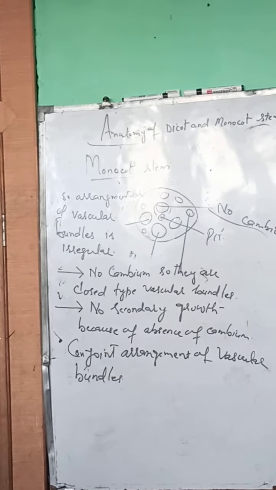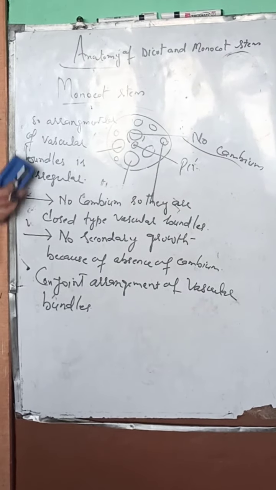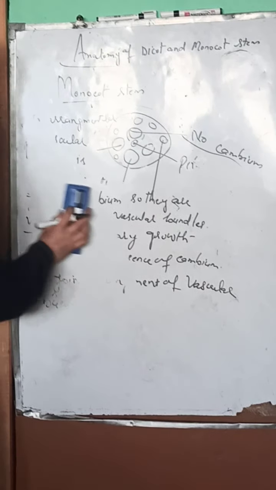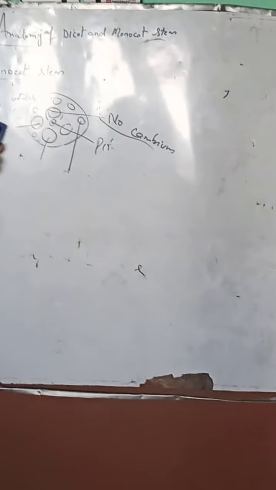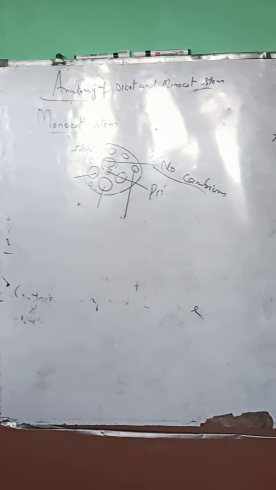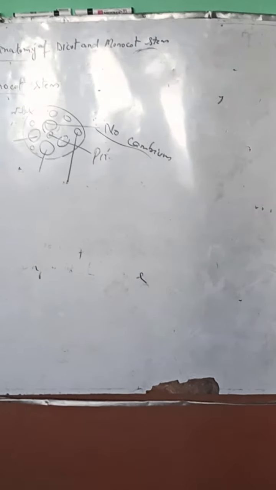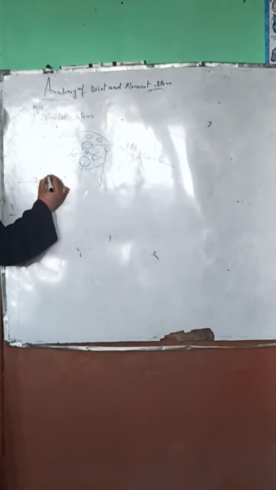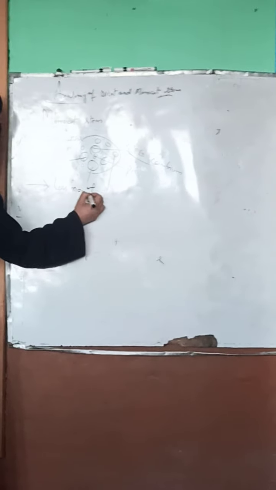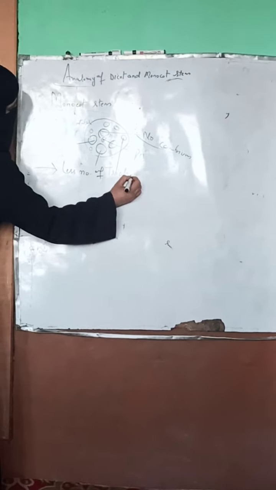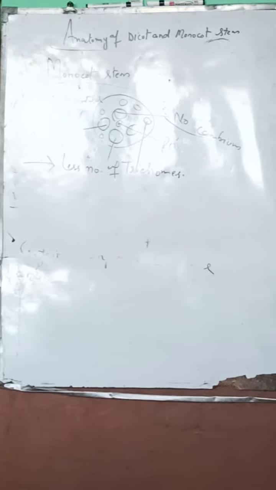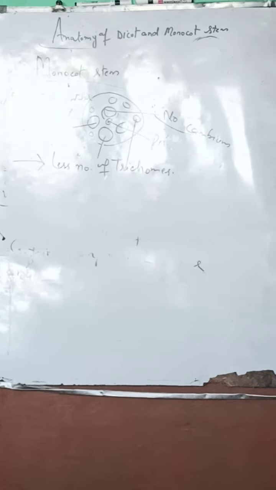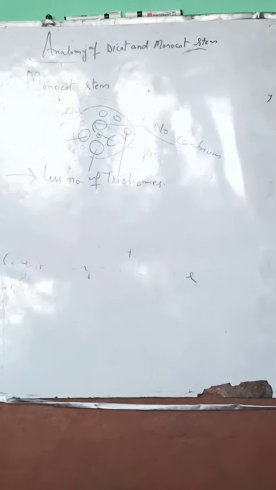Now we know that in case of the dicot stem the number of trichomes was large, but in case of the monocot stem there are fewer trichomes. And the function of trichomes I have already told you.